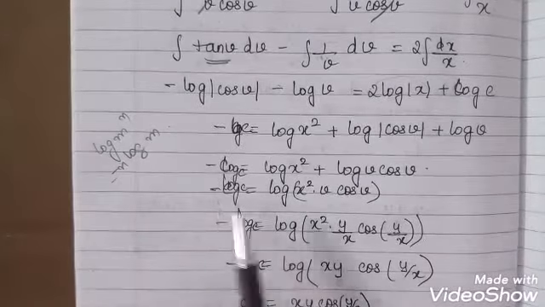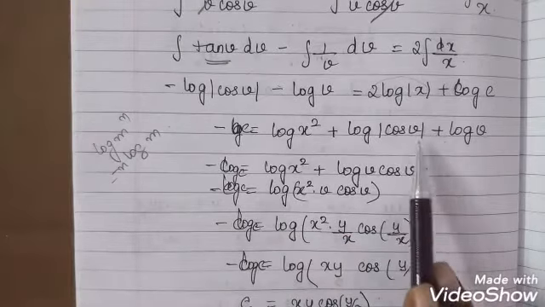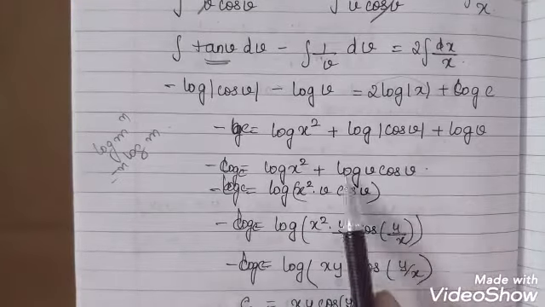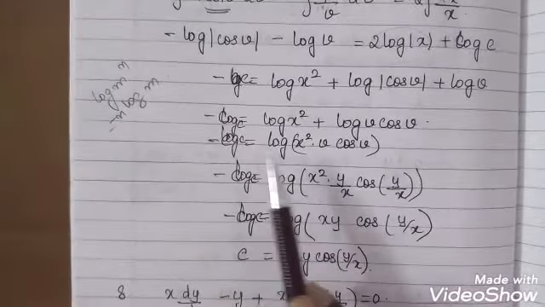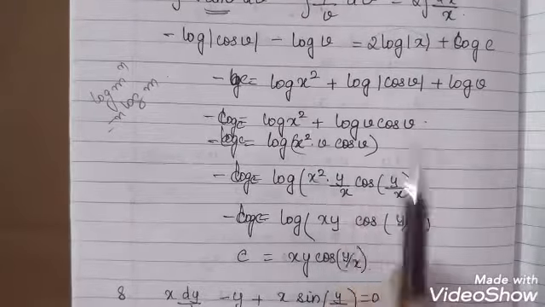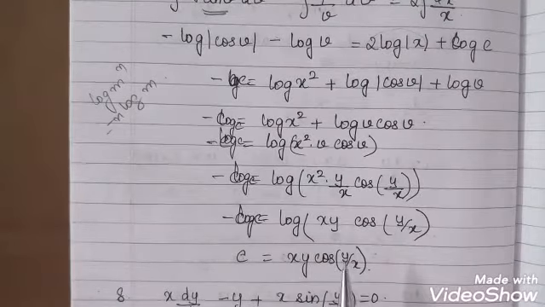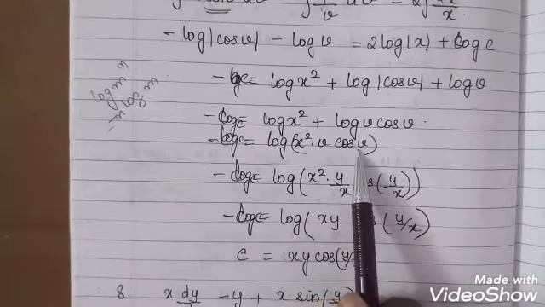So you have minus log c is equal to log x squared, log of mn, what is it? Log of m plus log of n. It's log v cos v you get here. So minus log c is equal to log of x squared into v cos v. Again I am using the logarithmic product rule. Log of mn is equal to log m plus log n. So it is x squared into v cos v.